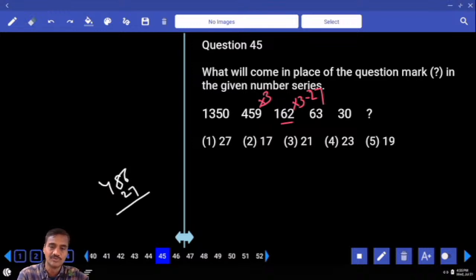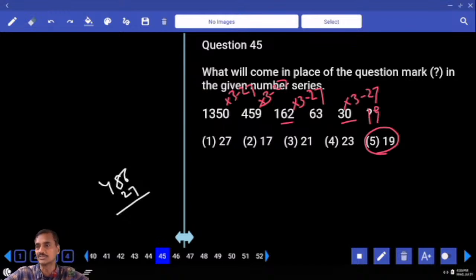Minus 27. 459. Into 3 minus 27. Then what should be your answer here? Then into 3 minus 27 plus 27. 57 divided by 3. How much? 19. 19 into 3, 57. Minus 27, that is 30 is the answer.